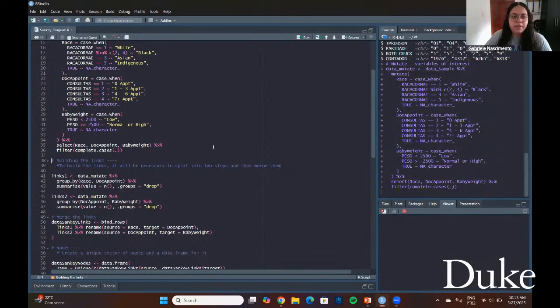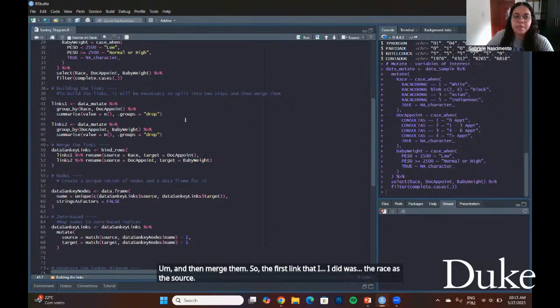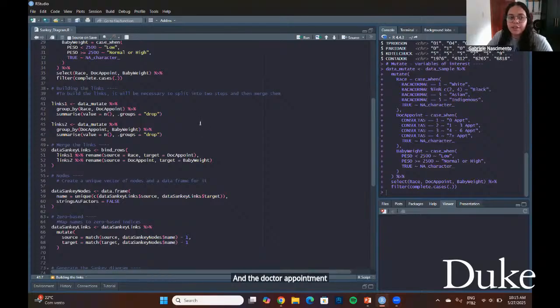So after I did the mutate, I was going to build the links, which are the flows. So I needed to split into two steps, and then merge them. The first link that I did was the race as the source and the doctor appointment as the target.